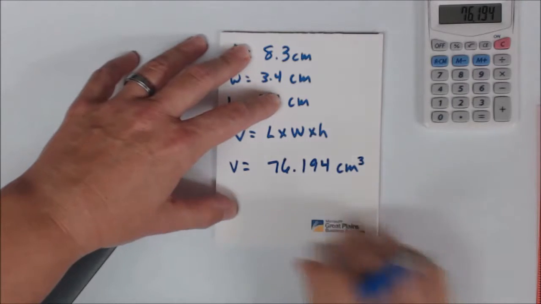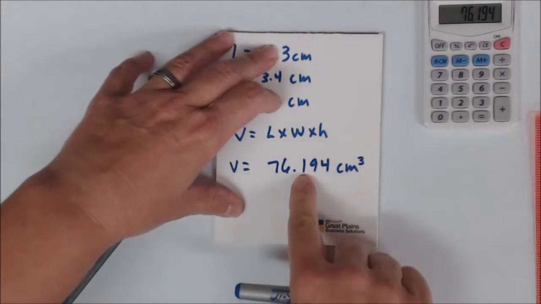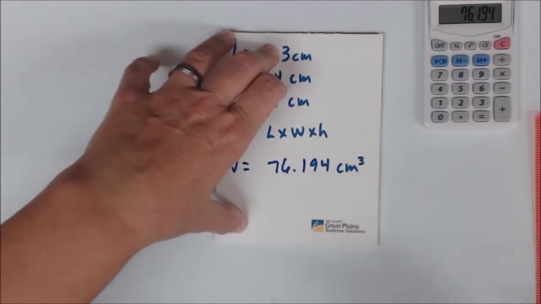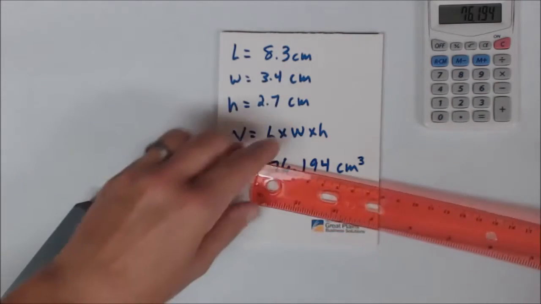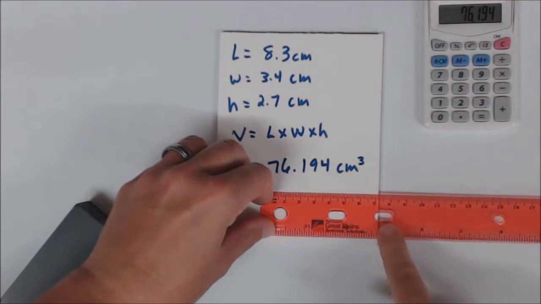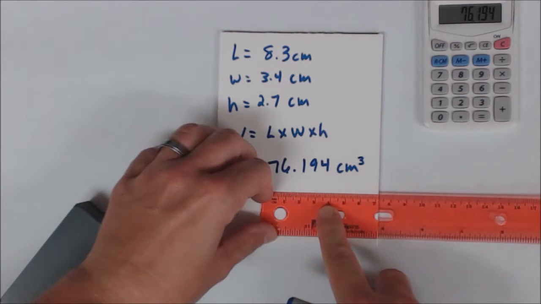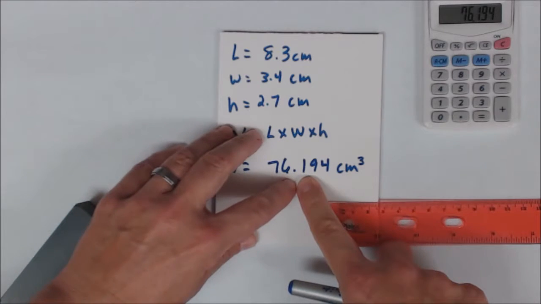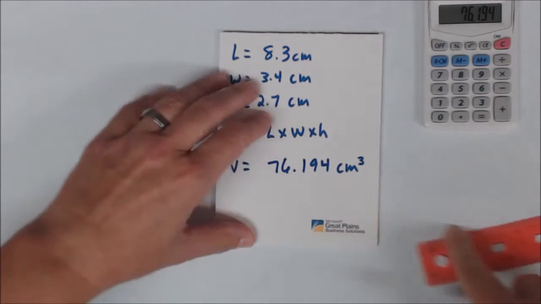Now, there's one other thing, is if I have this many decimal places, that means that this is a really precise number. But what I have to remember, it's too precise, because my metric ruler is only giving me precision to the nearest tenth. So that means that my final answer should only be that precise, to the nearest tenth.